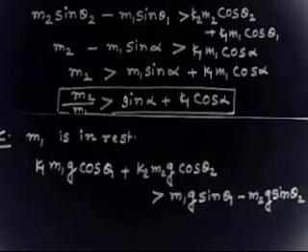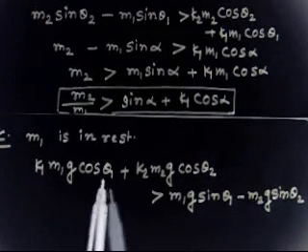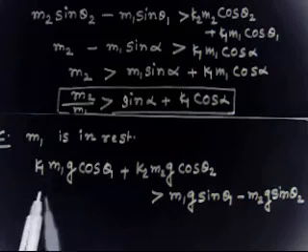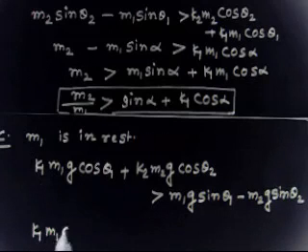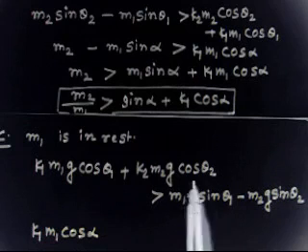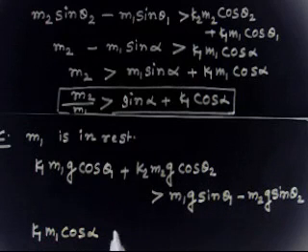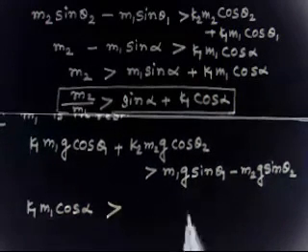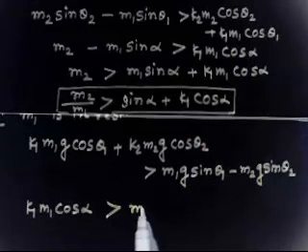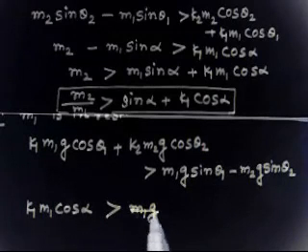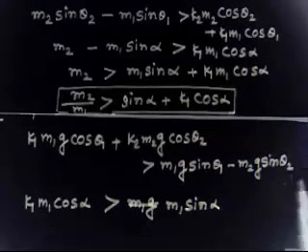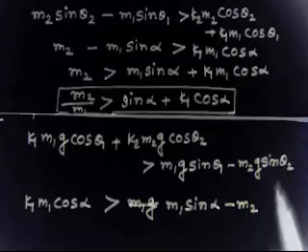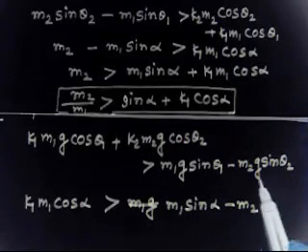Are you getting or not? Let us plug the value. Cos theta 1 is simply cos alpha, so g goes out. So k1 m1 cos alpha. Cos theta 2 is cos 90 degrees, so this term is 0. So this should be greater than, sin theta 1 is simply sin alpha, so m1 g, g is gone, so m1 sin alpha. And theta 2 is 90 degrees, so this becomes m2 simply, sin theta 2 is 1 and g has already gone.